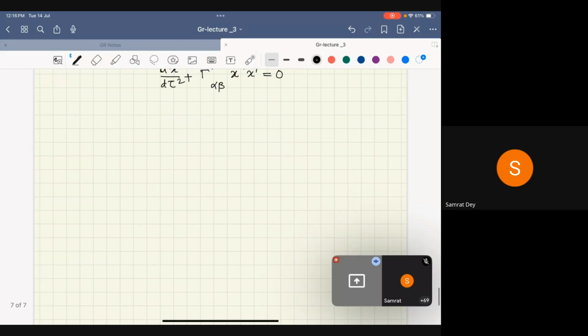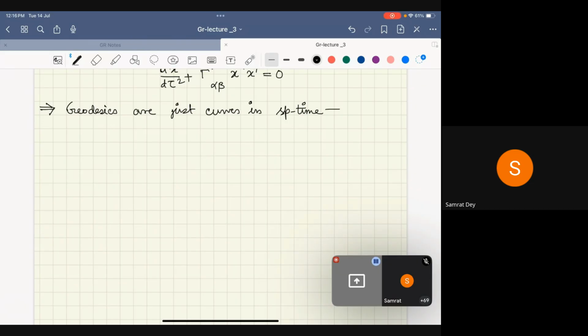So this is a crucial point, that geodesics, after all, are just curves in space-time.